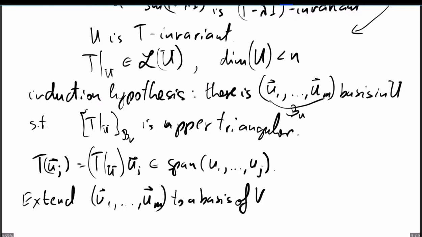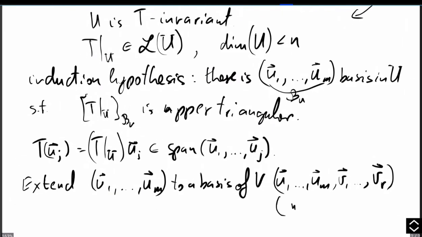We extend a linearly independent set to a basis of a vector space by adding more and more vectors. We don't really know how many vectors we have to add to the basis of U to get a basis of V. Let's say that we add v1, ..., vr. Clearly m plus r equals n, the dimension of the whole vector space V.